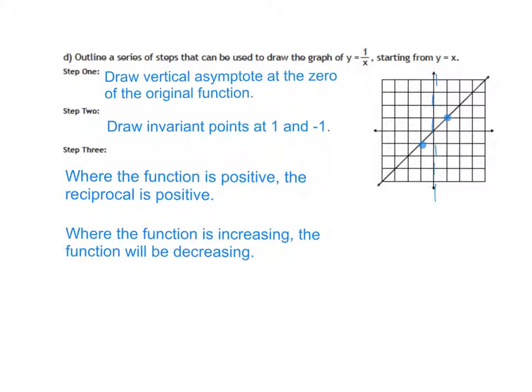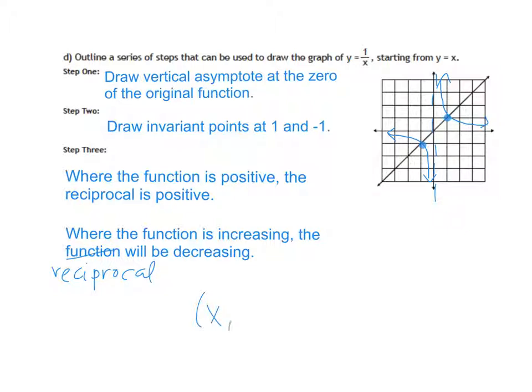And then where the function is increasing, so that means going up from left to right, the reciprocal is actually going to be going down from left to right. So function twice. Oh, sorry. That should say the reciprocal will be decreasing. So basically it's going to look like this. It's going to come down there and go through the invariant point, and here and through the invariant point.